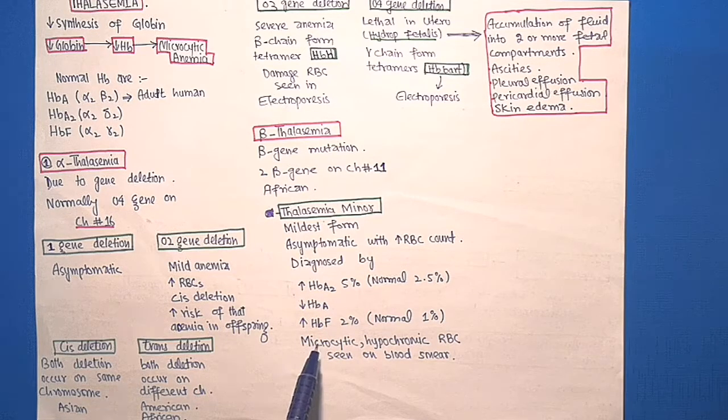So the electrophoresis shows increase in HbA2 and increase in HbF. Microcytic and hypochromic red blood cells are seen on the blood smear.